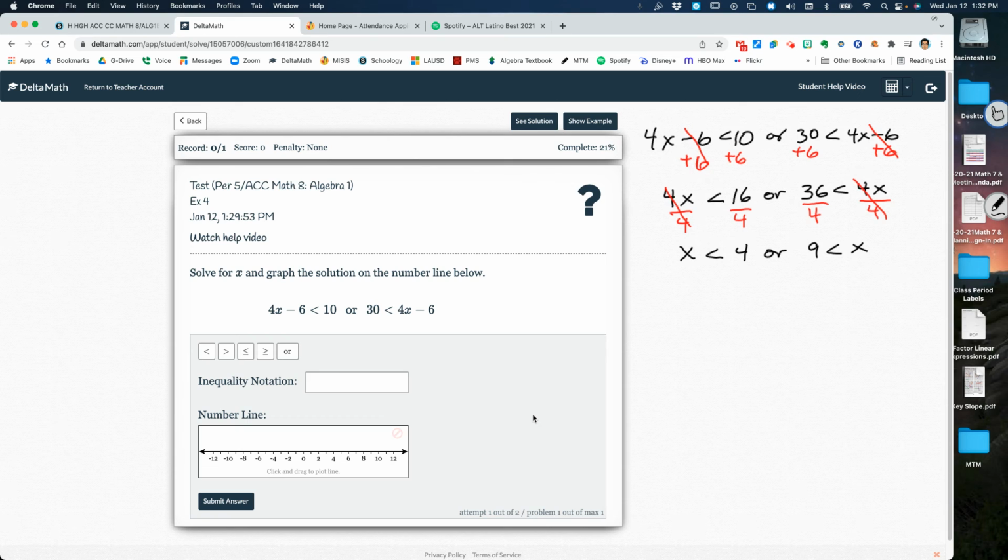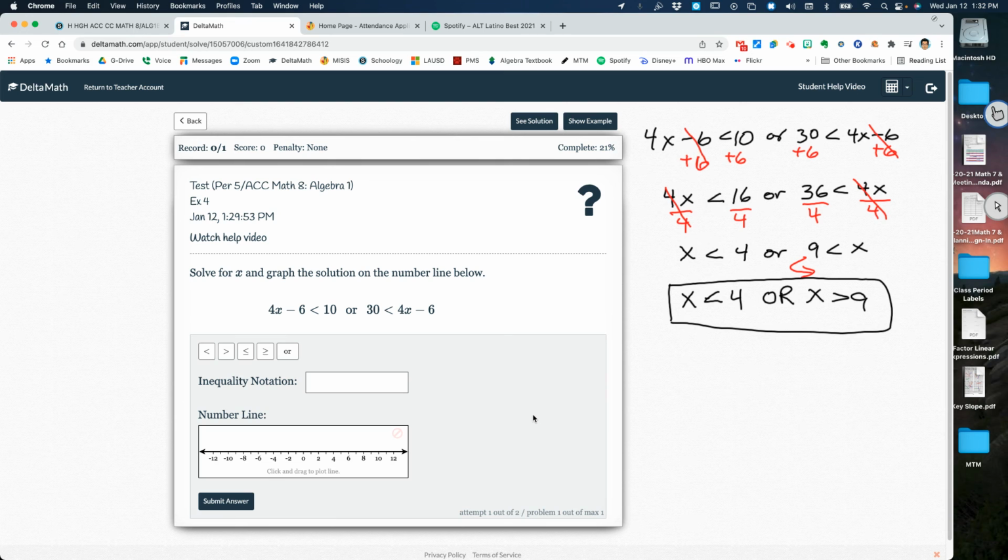Yeah, we want to flip that whole inequality, turn it all around, so the X is on the left side. So this one, we flip it. And then I'm just going to write the whole thing. So make this X is greater than 9. So the answer you actually want to enter into the computer is this one. You want to make sure your variables are on the left side.